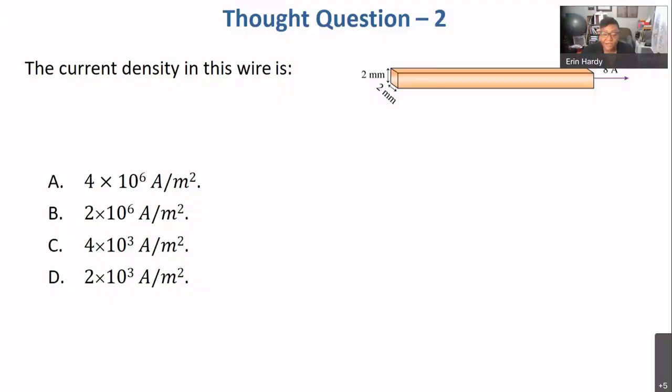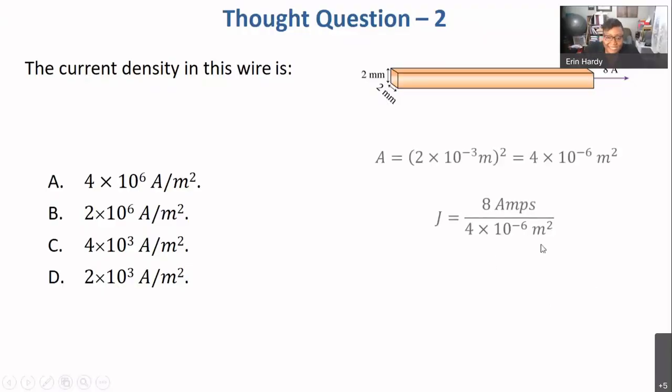If you're evaluating a volume, you need to cube them. So this cross-sectional area would be 4 times 10 to the minus 6 square meters. You could also achieve exactly the same thing by converting that length and height to meters to start off with.